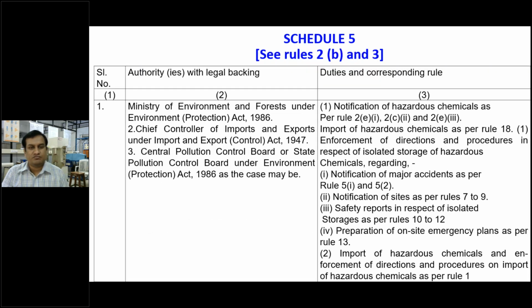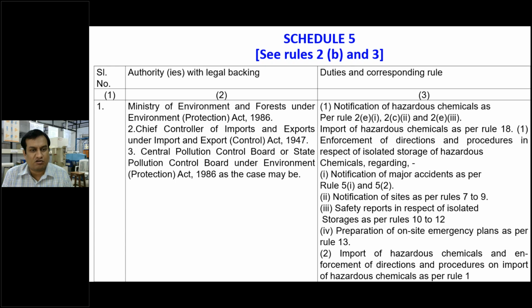Then schedule 5, reference is rule 2B and 3. So in this, the names of authority and the duties and corresponding rule are given under the schedule 5. So there are various authorities. I have mentioned only one. One of the main authorities for this MSIHC rule is MOEF, that is Ministry of Environment and Forest under Environment Protection Act 1986.